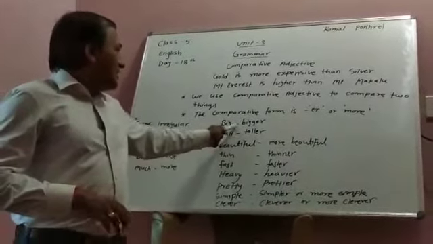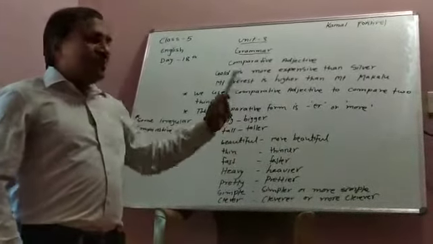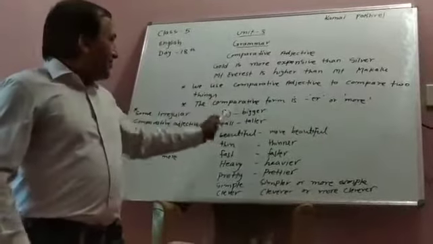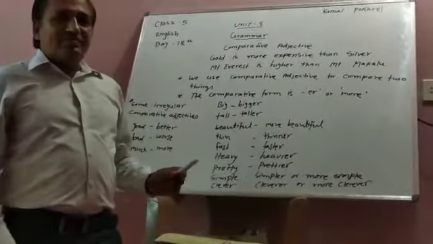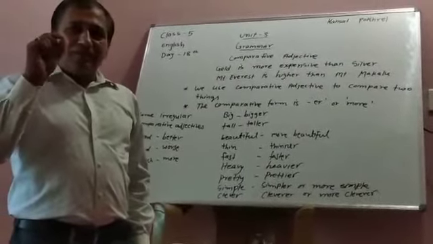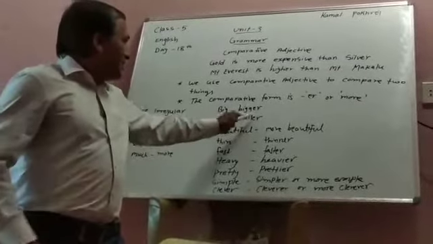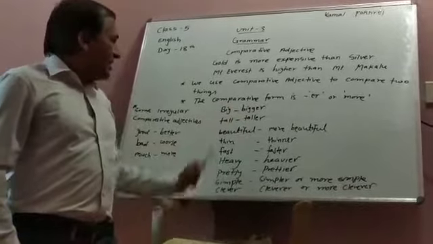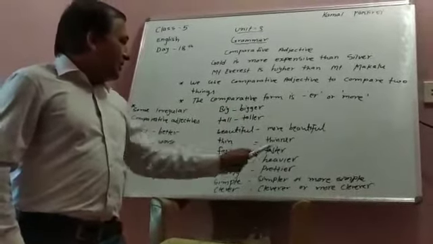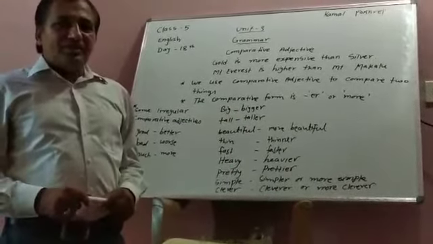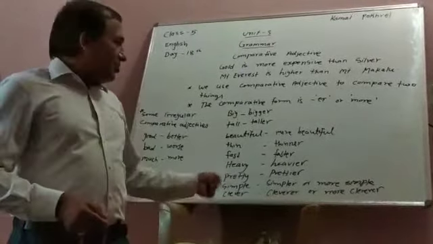This is for the short adjective having only one syllable. Big, bigger, tall, taller, fast, faster, heavy, heavier, pretty, prettier, small, smaller.